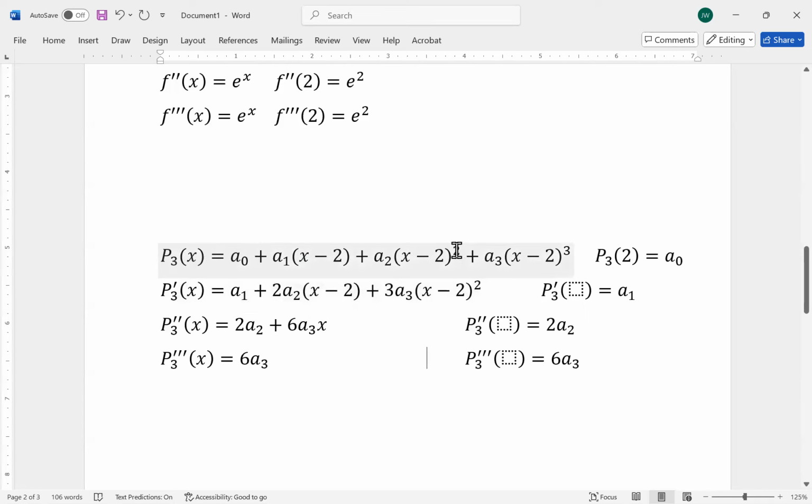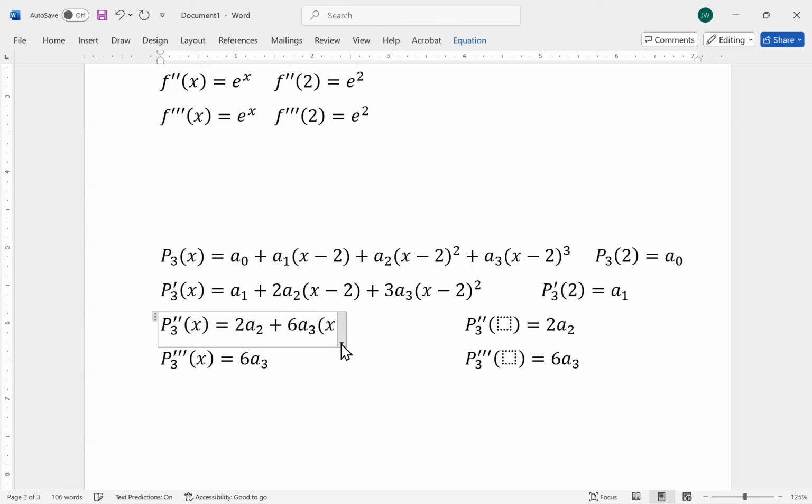Same thing on the second term. 2 comes out front. I get 2a2 times x minus 2 to the first. Derivative of the inside function is 1. 1 times anything is itself. 3 comes out front. 3a3 x minus 2 squared. When I plug in a 2, I get a1.